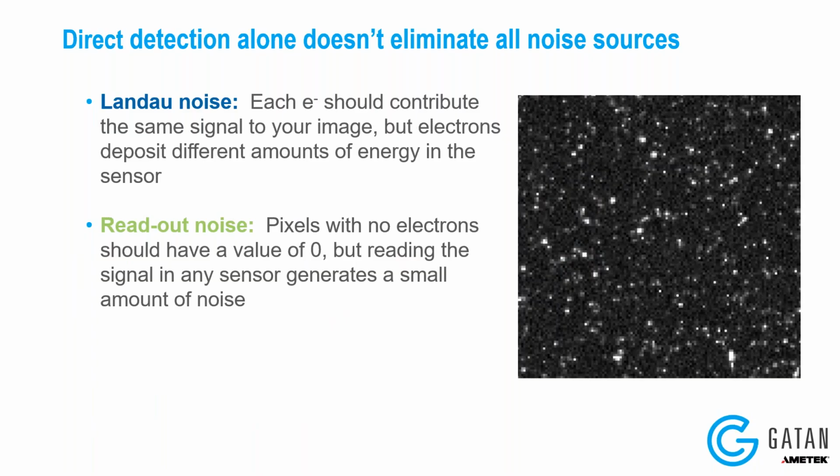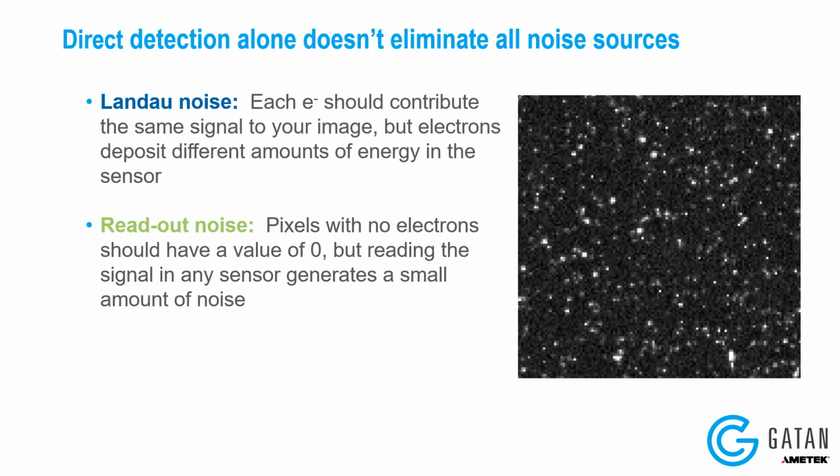But even when you eliminate those, there are still some noise sources that are present even for direct detection cameras. And so I've listed two of those here, the Landau noise.